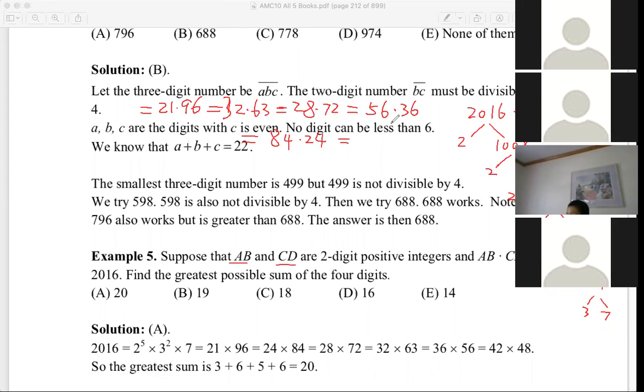Now you check which one gives you the largest sum. Say they ask you to find the greatest possible sum of the 4 digits, right? So sum of these 4 digits, now let's see. If this one, you add this 4 digit, what do you get? That would be 18, right?